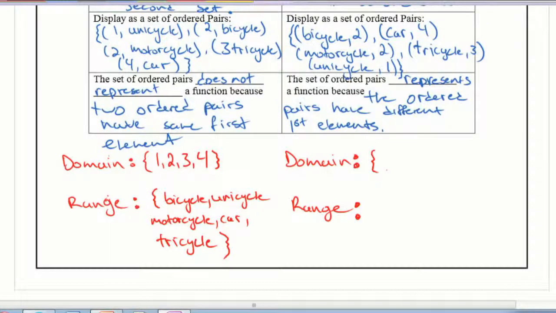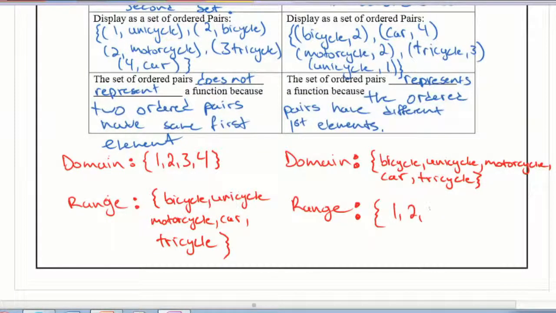So everything in the first oval, that was bicycle, unicycle, motorcycle, car, and tricycle. And the range was the second oval, which was just 1, 2, 3, and 4.